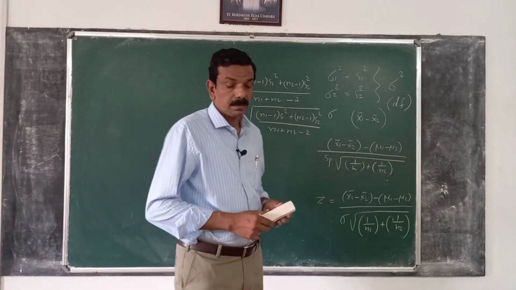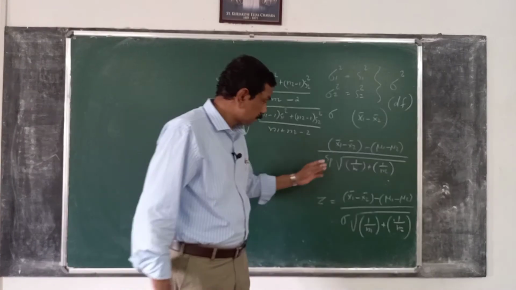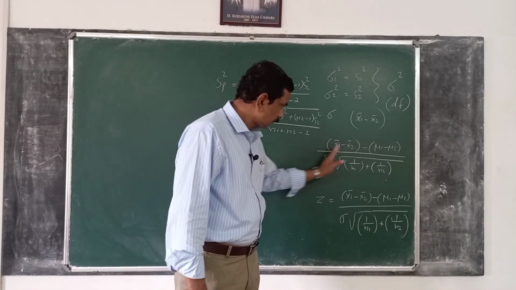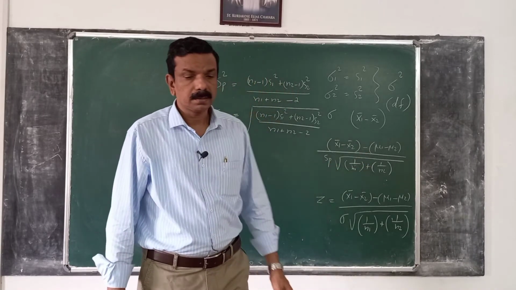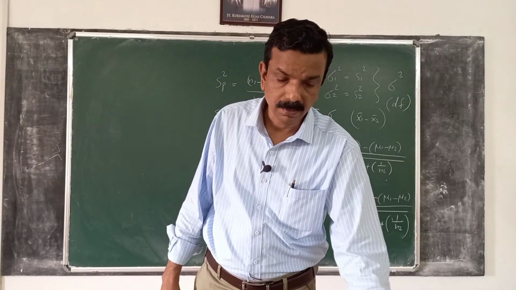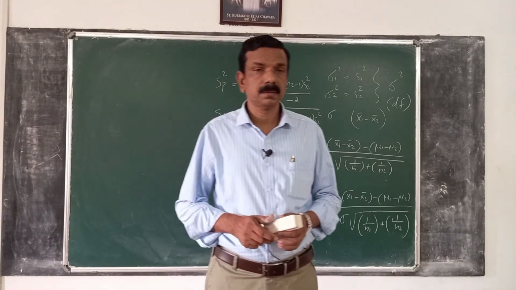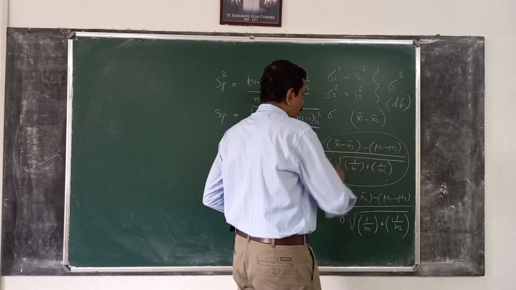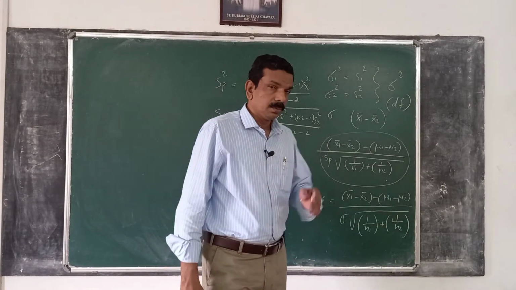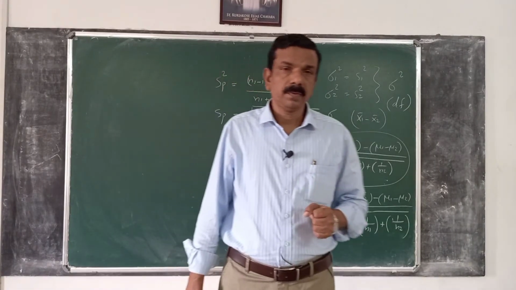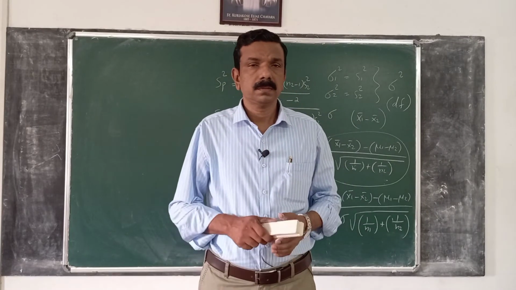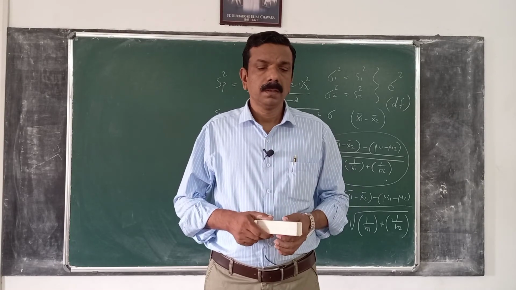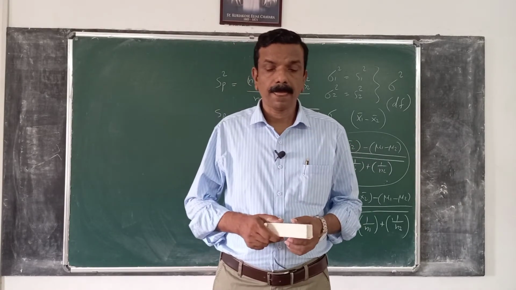Sigma is replaced by SP, and this is the required statistic, because in this statistic all the quantities are known to us. So this is the required statistic for comparing two means when sigma is unknown but assumed to be equal.